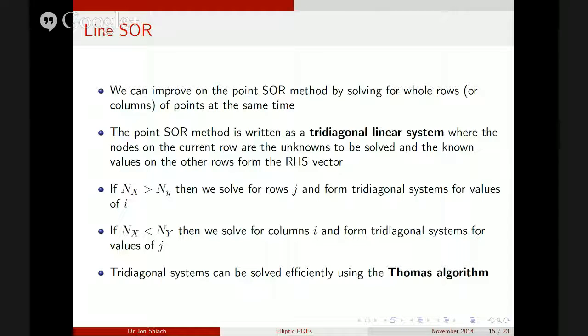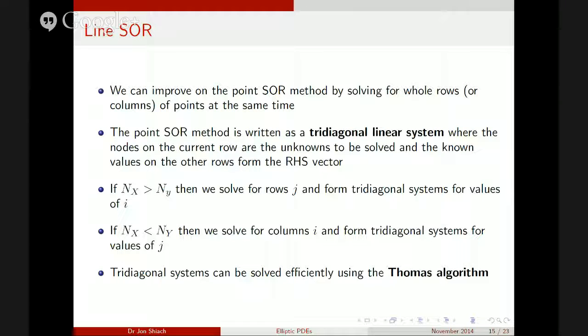If you've got more nodes in the x direction than the y direction, then you solve for rows. So for line SOR, you take a line of points and solve for that. If you've got more nodes in the y direction than in the x direction, you solve for columns. In other words, you pick the row or column which has got the most nodes. Tridiagonal systems are very easy and efficient to solve, so this is the principle behind the line SOR method.